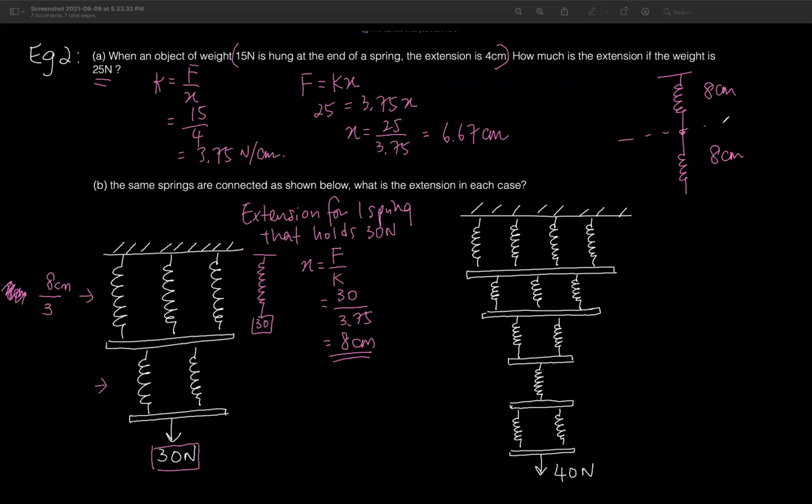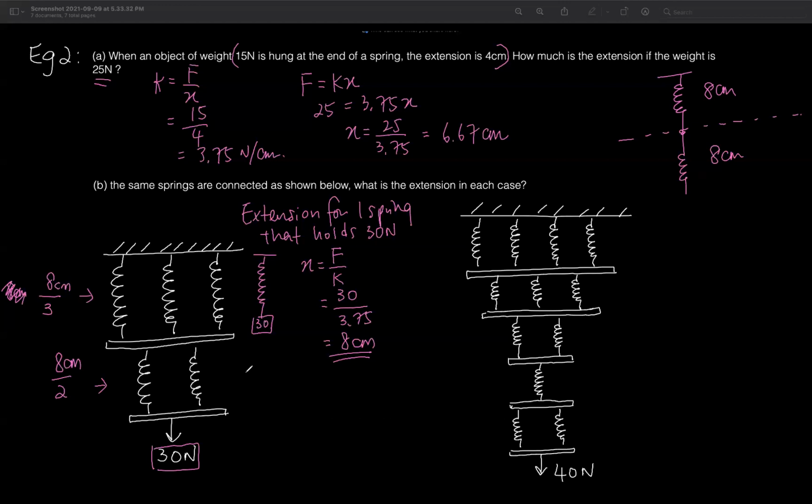So each level has the same extension. The first level, 8 cm, is divided by 3. The second level, 8 cm, is divided by 2 because 2 springs are sharing it. Okay, so we take 8 cm divided by 2.